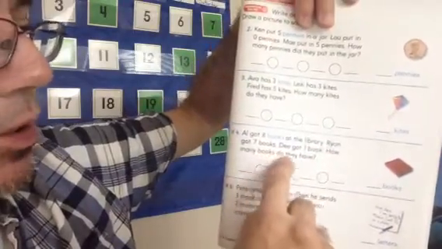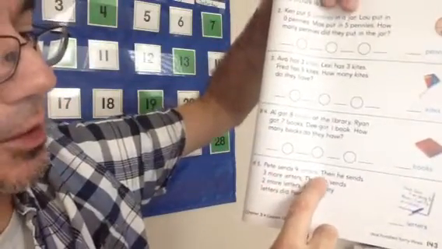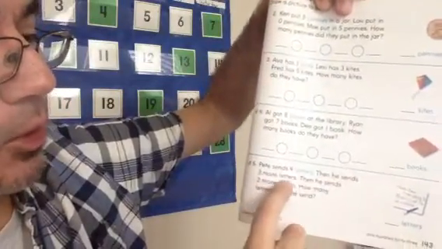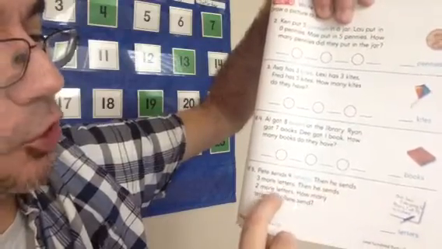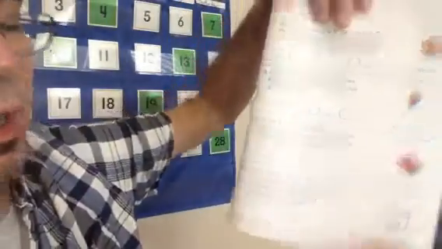How many books do they have? Now you can pause this right after every question and even go back a little bit to hear it again. Pete sends 4 letters. Then he sends 3 more letters. Then he sends 2 more letters. How many letters did Pete send? So I want you guys to complete all of page 143.